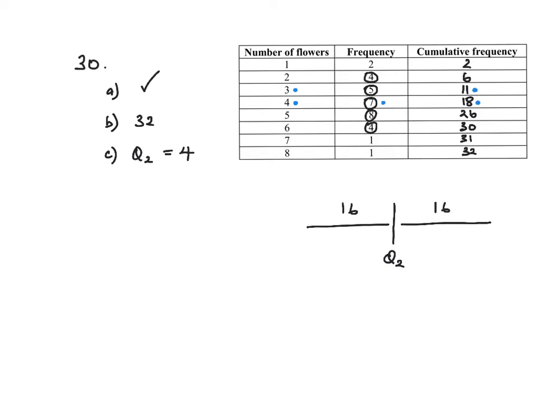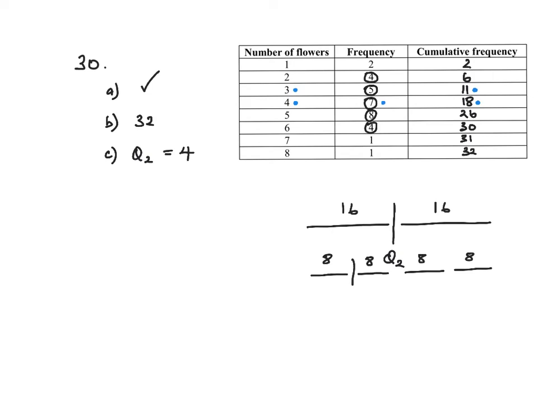If we look at this arrangement here, we want to work out Q1 and Q3. Well, I'm going to split the 16 into an 8 and an 8, and this 16 into an 8 and an 8. So 8, 8, 8, and 8.